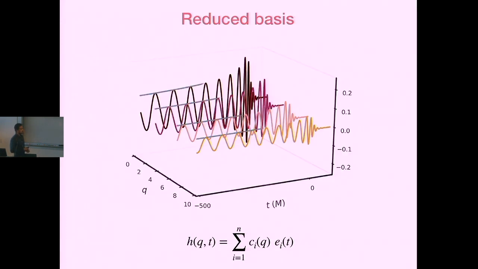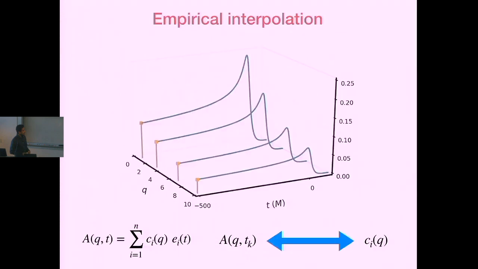However, it's much easier to work with slowly varying functions of time. So rather than work with this oscillatory waveform, we could work with the amplitude and the phase of the waveform. Here on the top, I'm showing the amplitude, which is what I'll use as an example in this demonstration. So what we have now is an accurate basis.